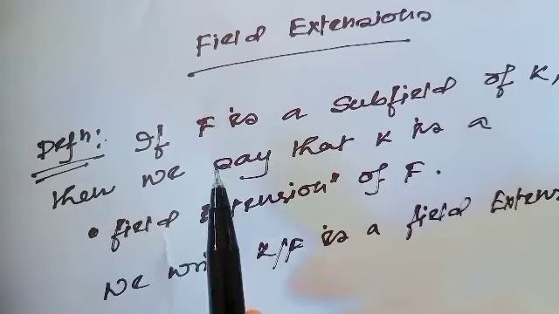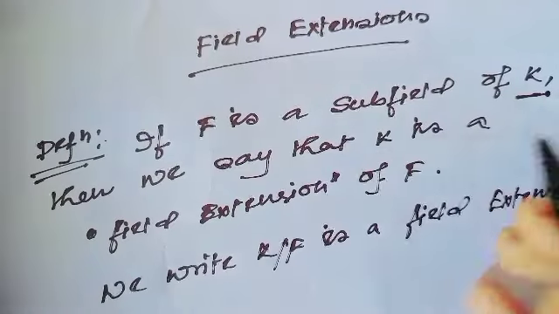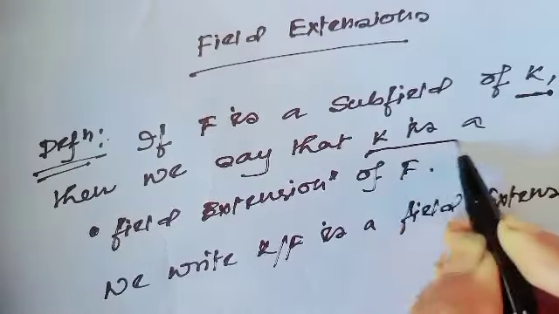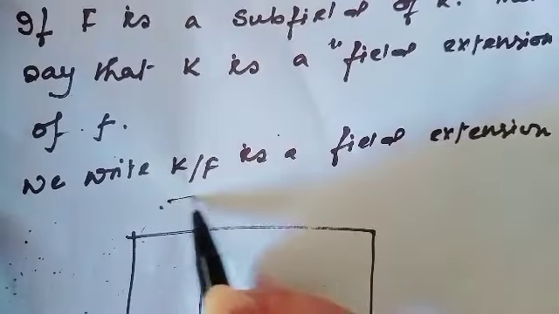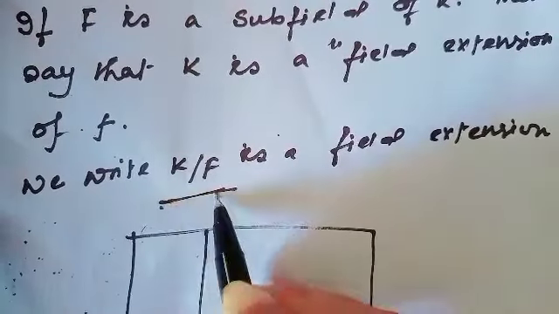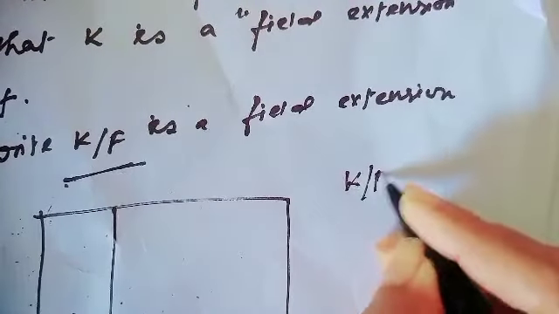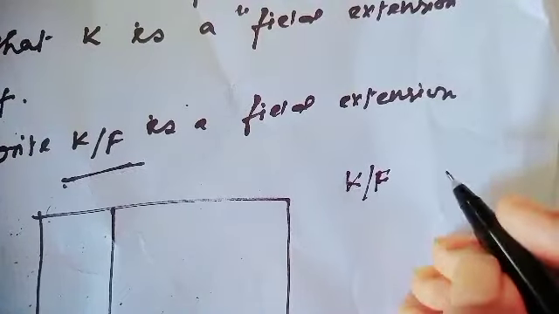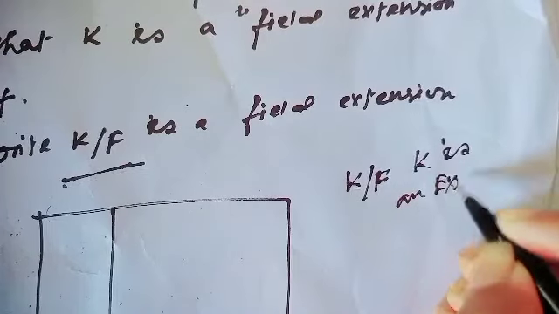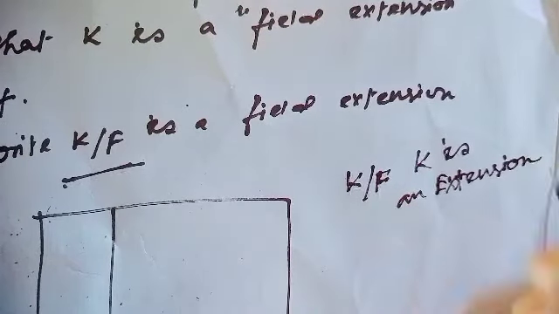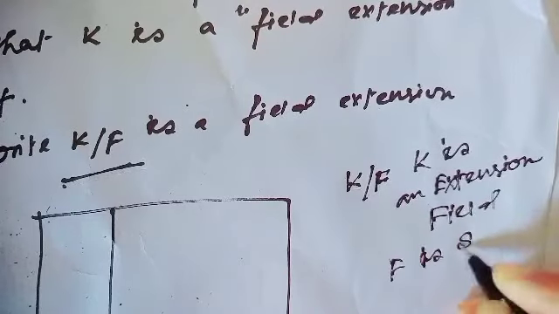The definition is, if F is a subfield of the field K, then we can say K is a field extension of the field F. The notation is K divided by F. That means when I write K divided by F, that implies K is an extension field and F is a subfield.